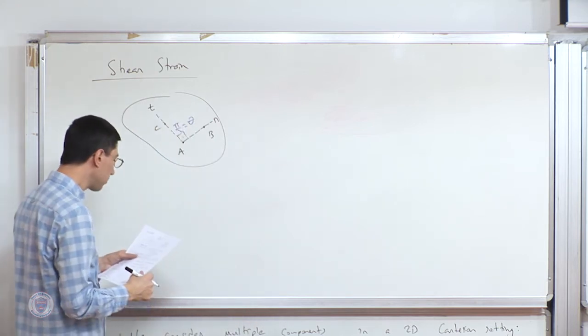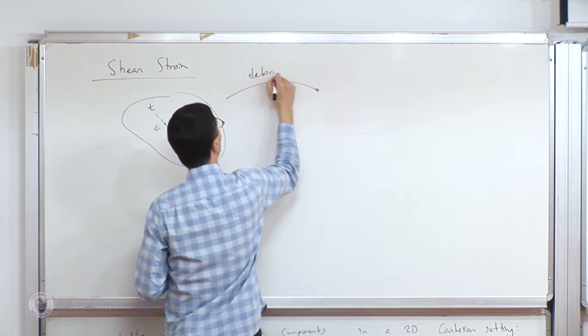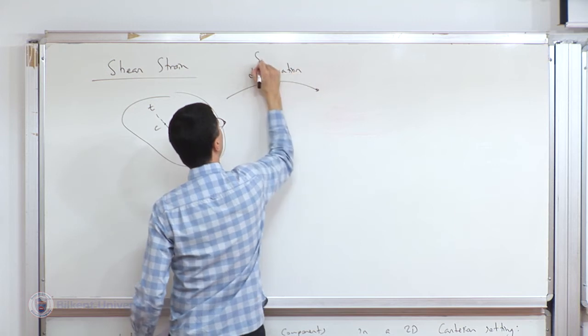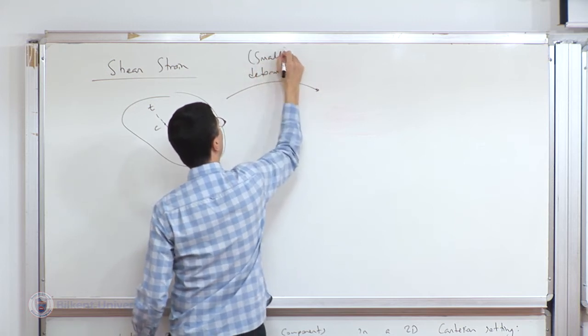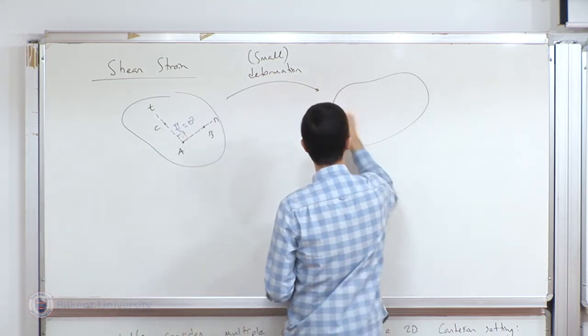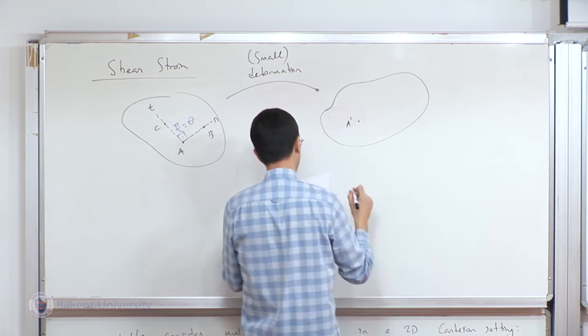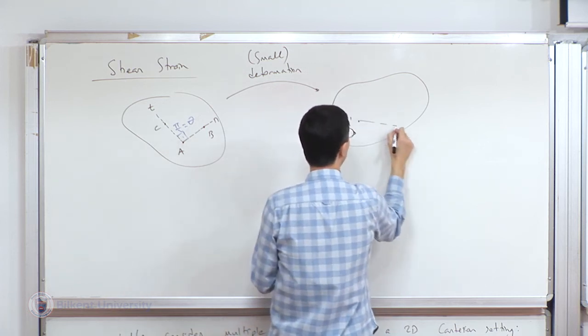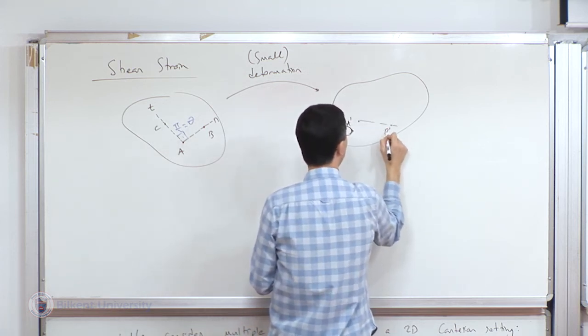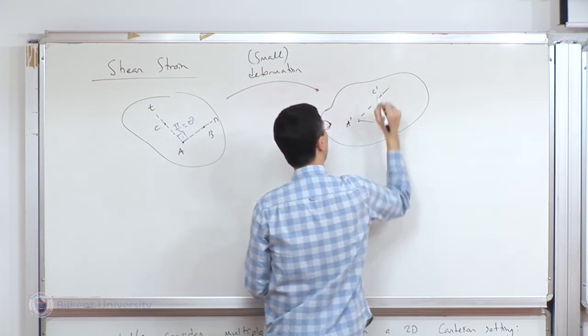Okay. So now this object will deform. And that deformation, again, I like it to be small, but I'm exaggerating. So after deformation, the object loses its shape, and all of these points will move to new points, A prime, B prime, and C prime.